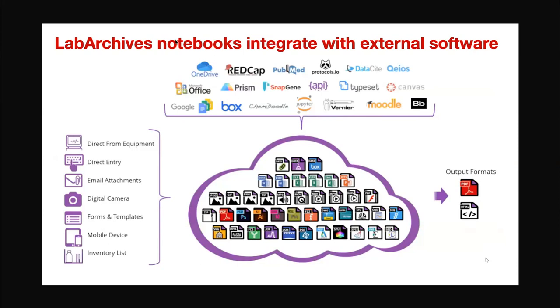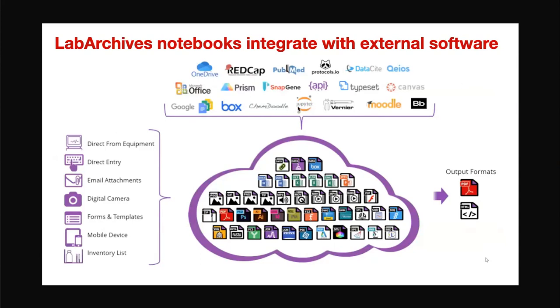Sorry, you can also get things from OneDrive. It connects directly with Microsoft Office and Prism. So you can download a plugin, and from Microsoft Office, you can save it directly into your lab notebook. Same for Prism. I'm going to show a little example.